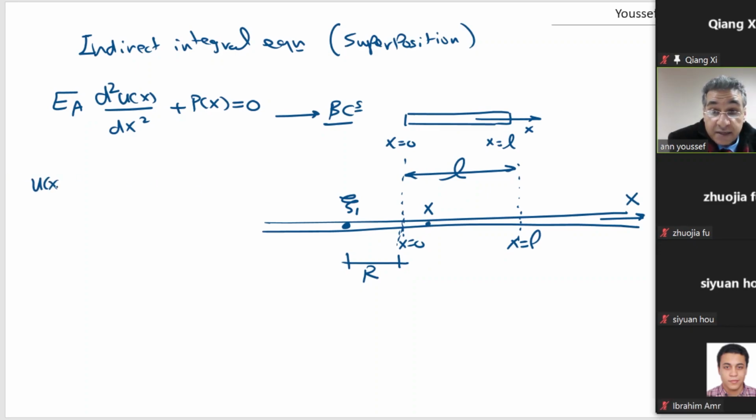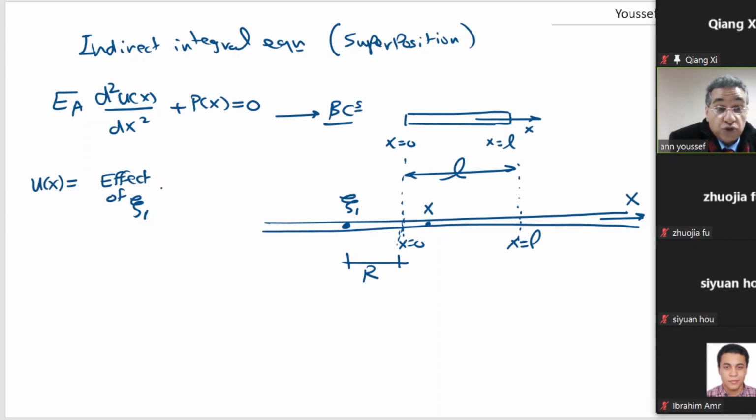U at x equal to the effect of the source xi1 times the intensity of xi1.